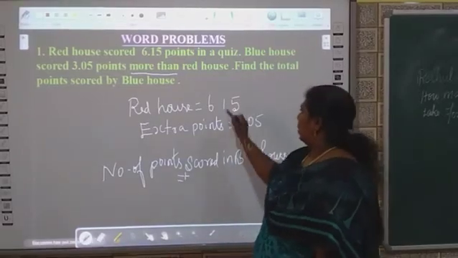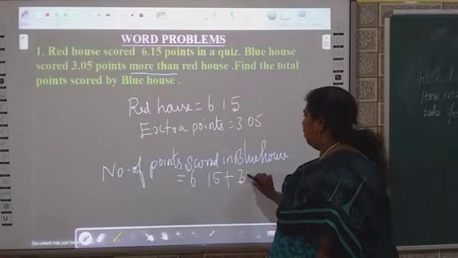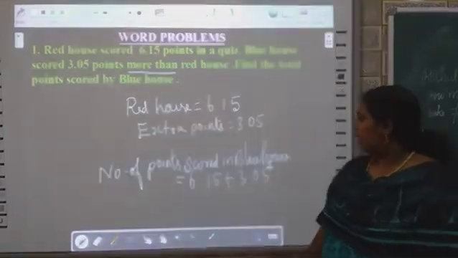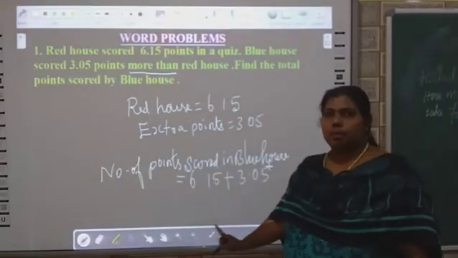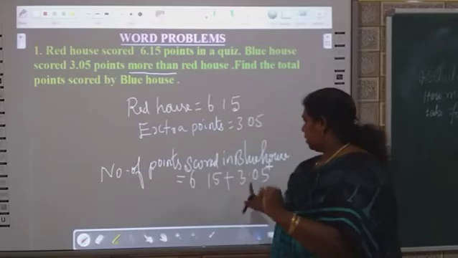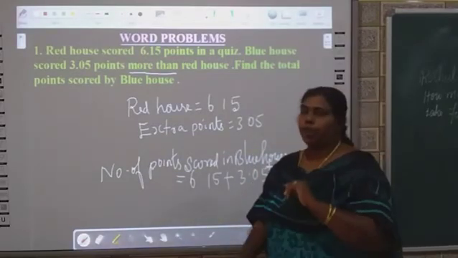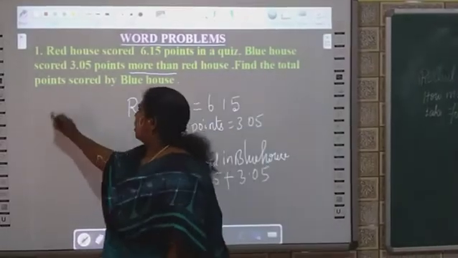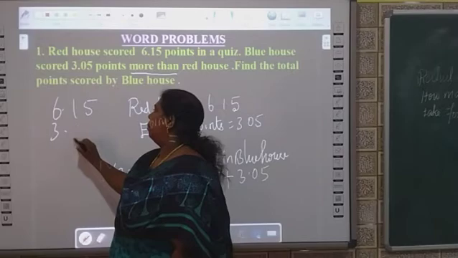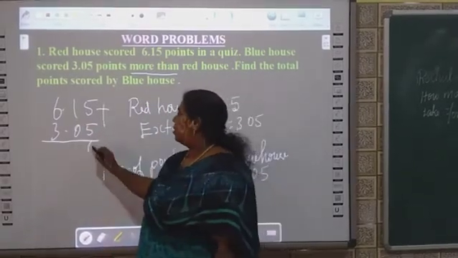Equal to what? Have to add these two values. 6.15 plus 3.05. Actually, these two decimal places are like or unlike decimal? Like decimal only, isn't it? 6.15 after decimal, two decimal places. Here also two decimals, 3.05. Okay, add these two values. 6.15, then 3.05. 5 plus 5, 10.